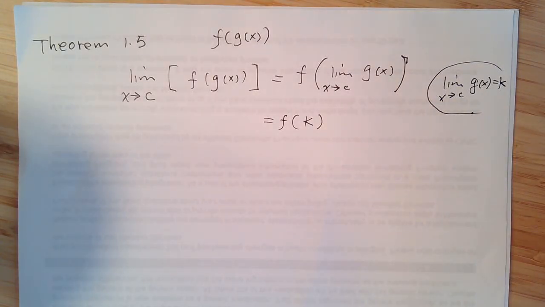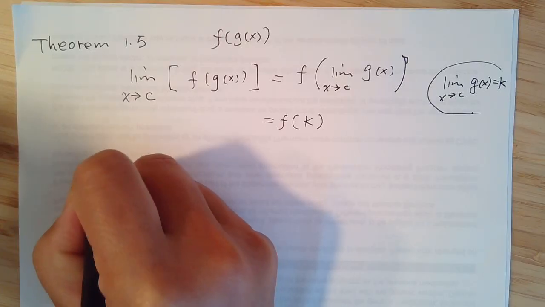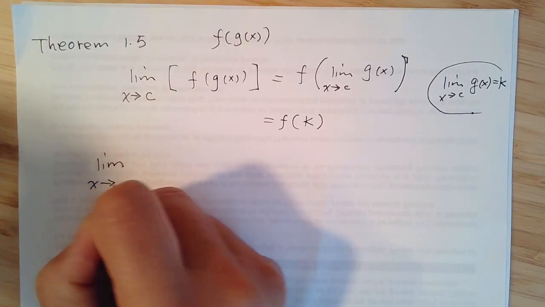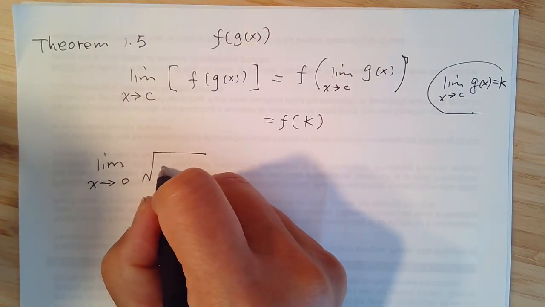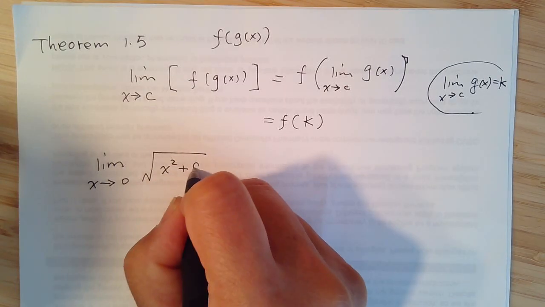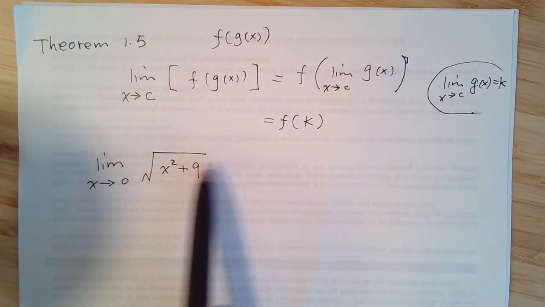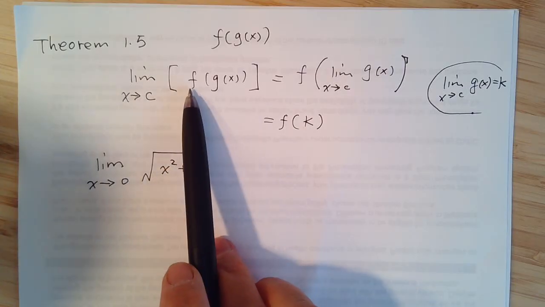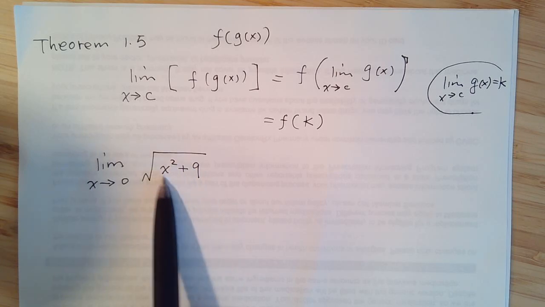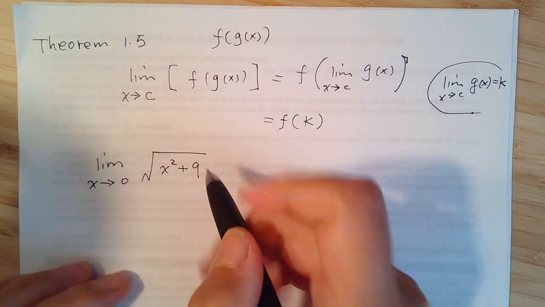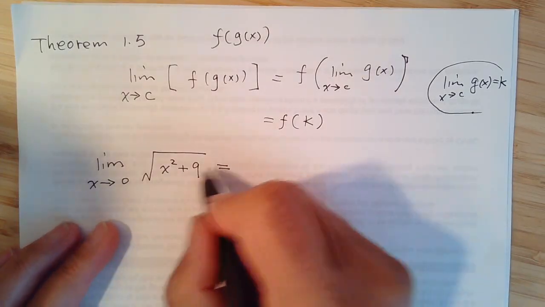All right, so let me give you one example. Find the limit as x approaches 0 of the square root of x squared plus 9. So here is the square root of a polynomial. My f is a square root function, and g of x is actually x squared plus 9. By definition, we can just use the substitution method.